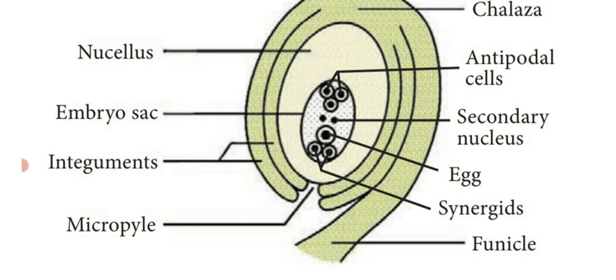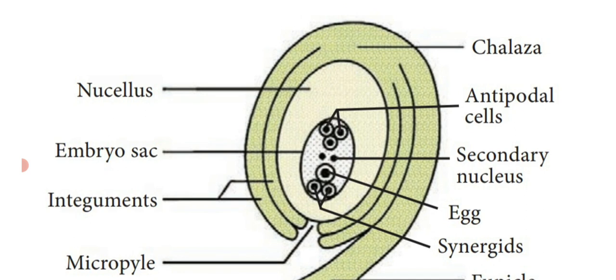So these are the three nuclei present in the micropylar region. Coming to the chalazal region, the other three cells facing the chalaza are known as antipodal cells.